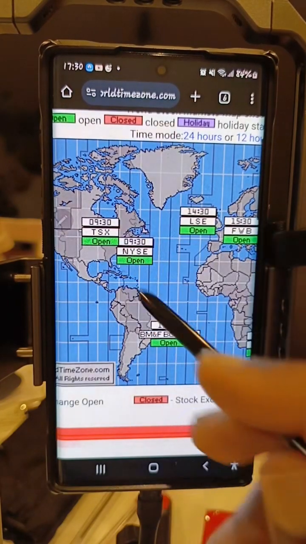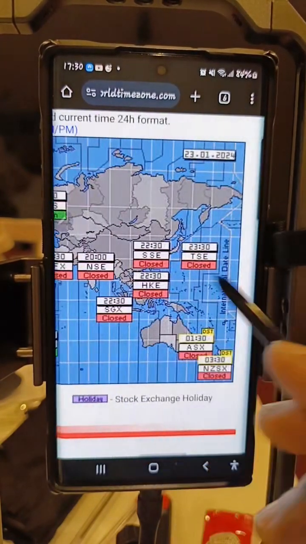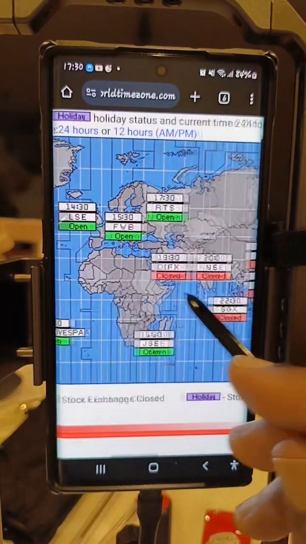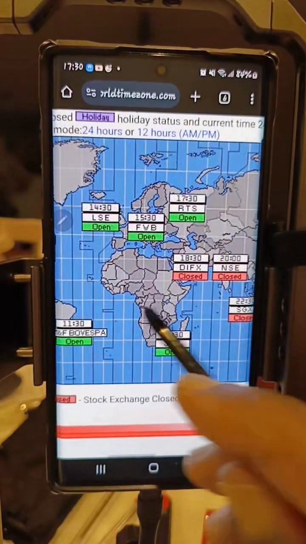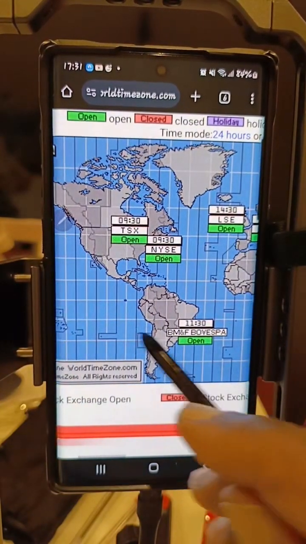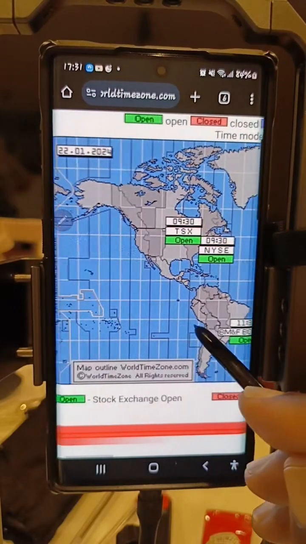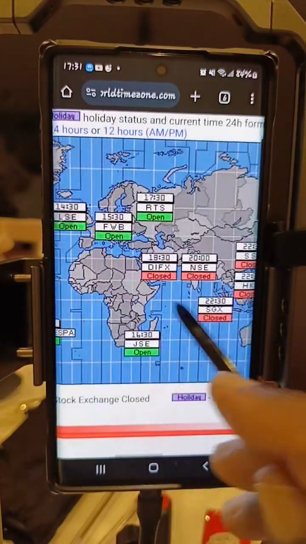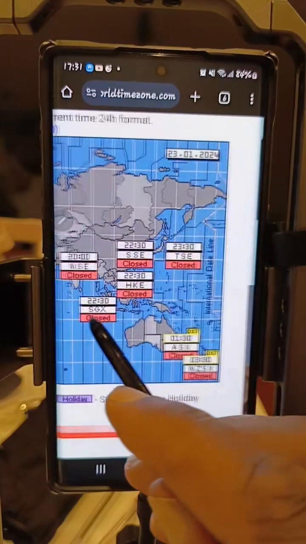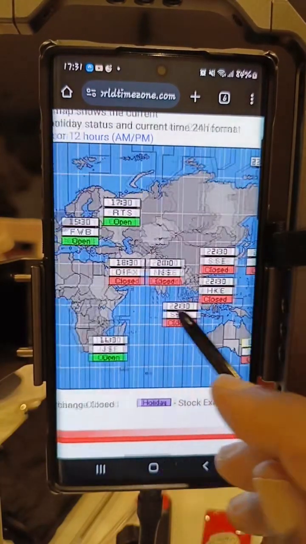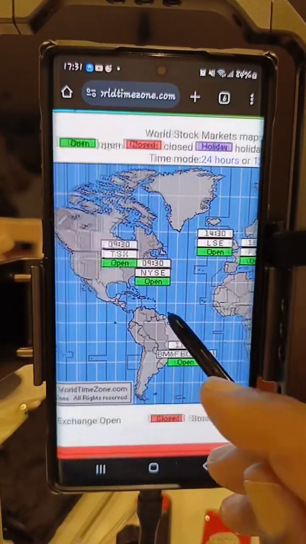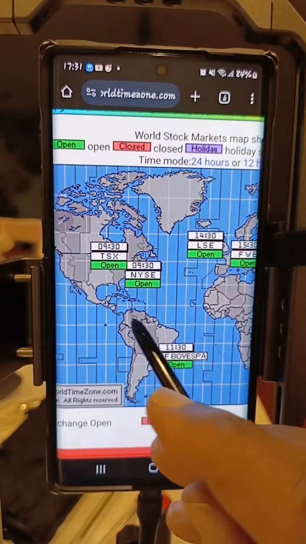This is where you can get all the times. Remember, this is just for educational purposes. All of this information I'm just sharing with you. This is the world zone map, and you can see when the market is open and closing across 24 hours, and when you've got holiday closures.